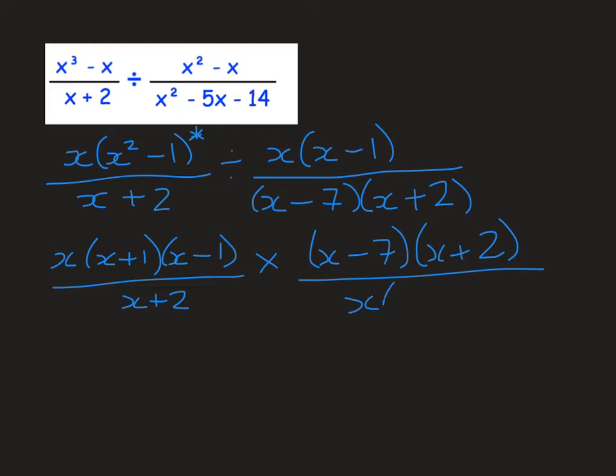And then multiplying fractions is the easiest thing to do. So we're going to combine the top. Okay, and then we can just put all of those alongside each other.